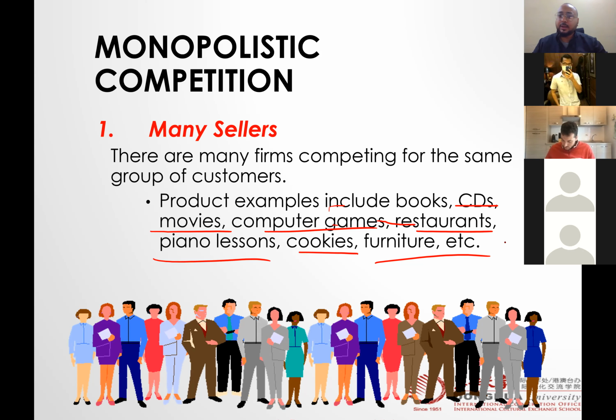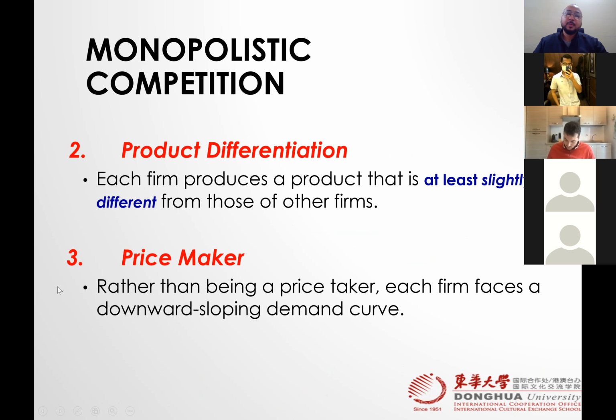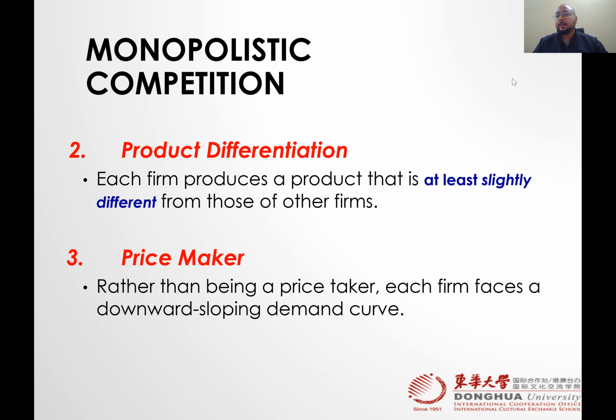Either packaging is changed, or it smells different, right? Or it looks different, color scheme, like that. Product differentiation. So each firm produces a product that is at least slightly different from other firms.